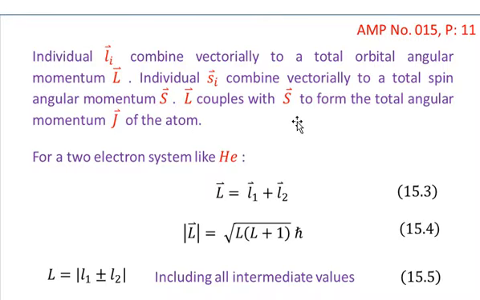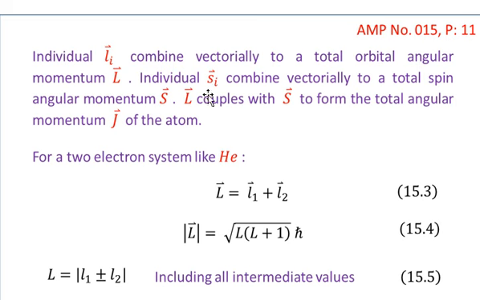So far we have learned how J will form. First of all, we shall construct capital L by combining all the Li vectorially, and we shall construct capital S by combining all the Si vectorially, whether i stands for 2 electrons or for 3 electrons or for more electrons.